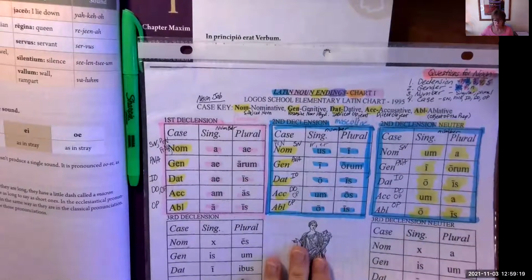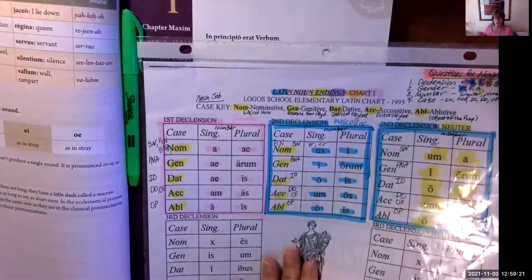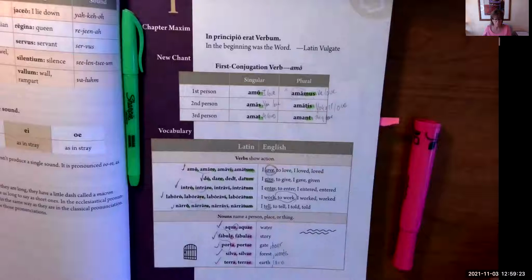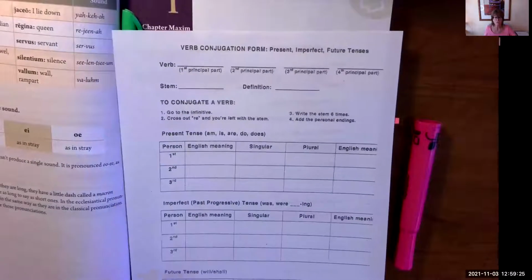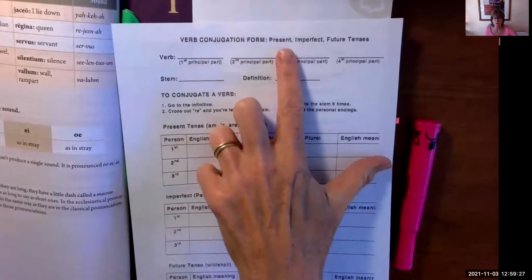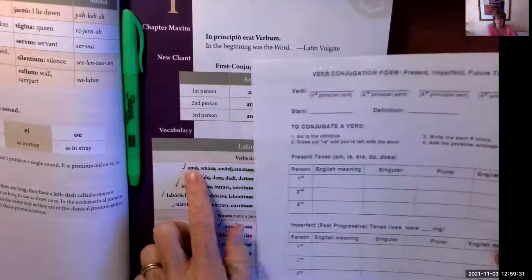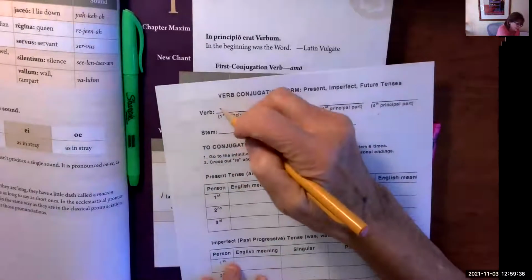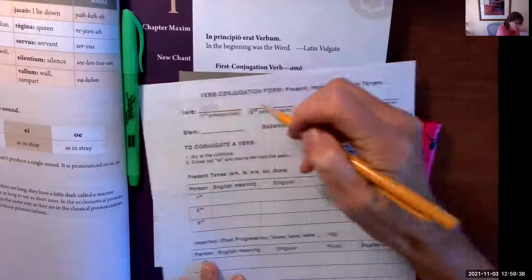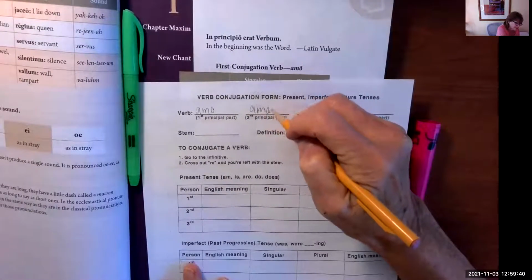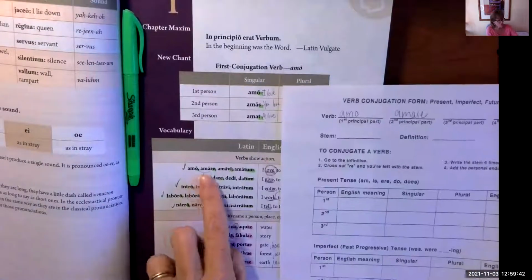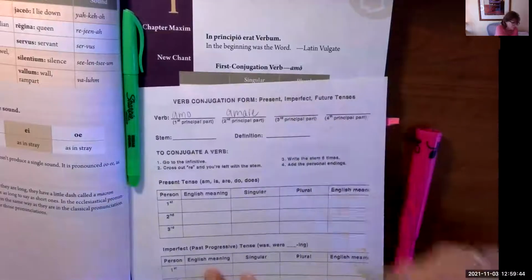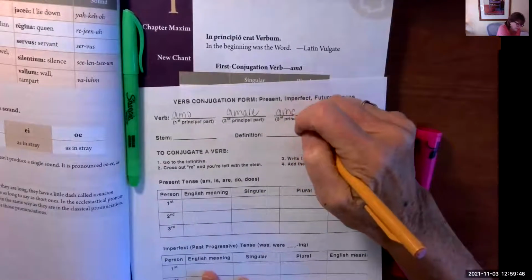So also, to really solidify these pieces of information, I created a verb conjugation form that I have them use when they are learning verbs. They actually write all four principal parts in here. So AMO, AMARE. They're taking all that information and putting it right in here.